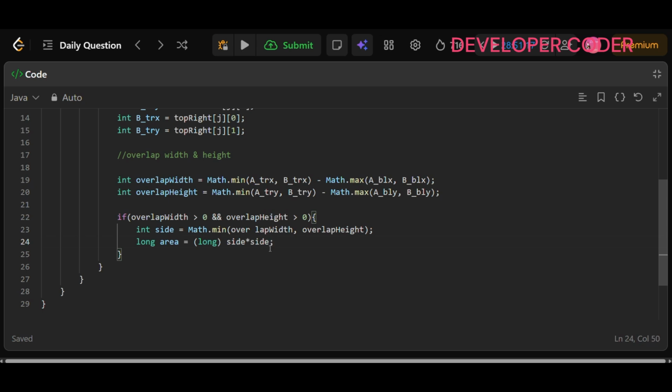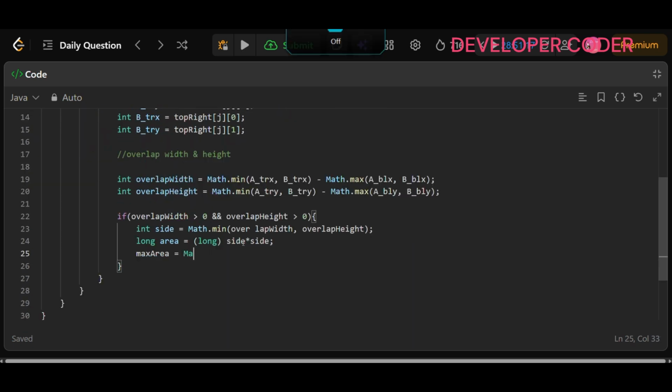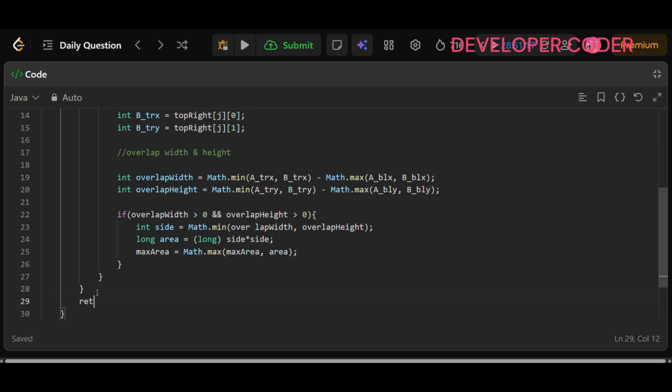So now we will get the answer in long, and the max area, I told you, is going to be Math.max of max area and area. So among them, the max I will choose, and here in the end I'm going to return this max area.